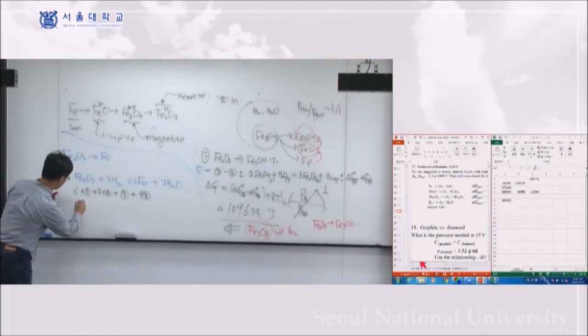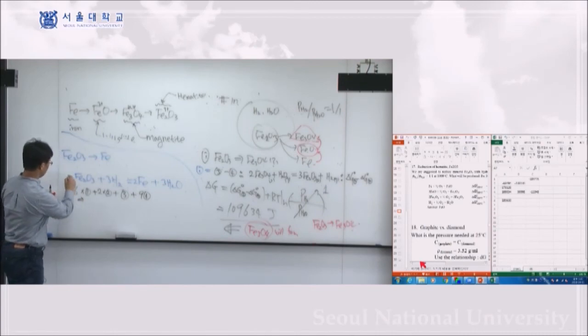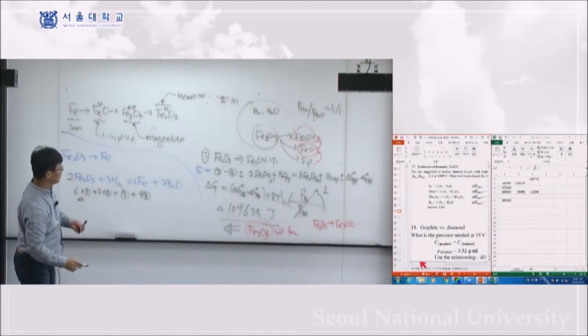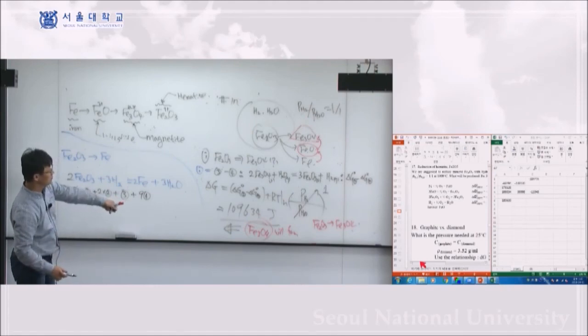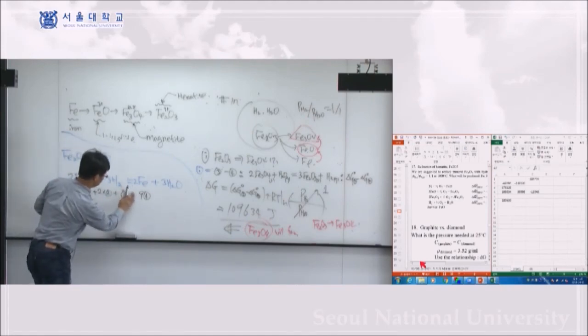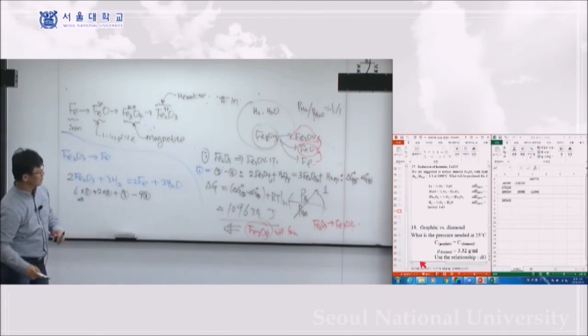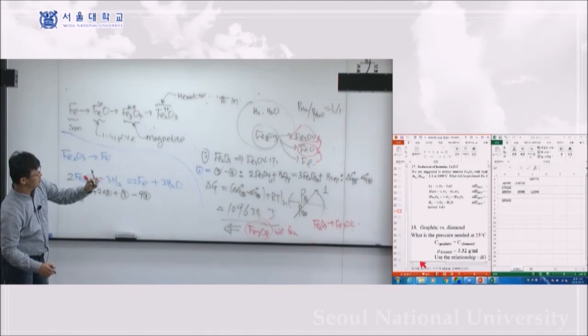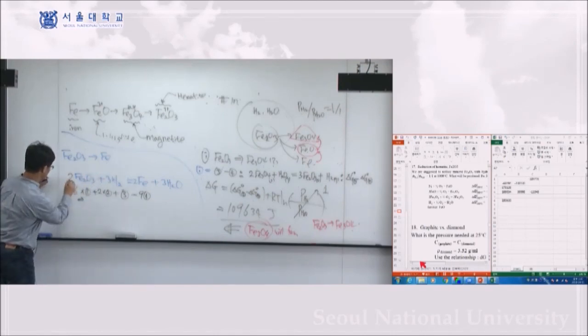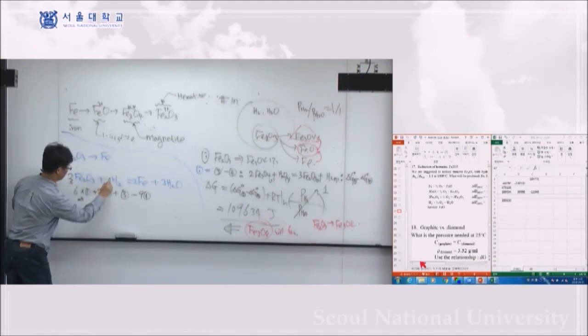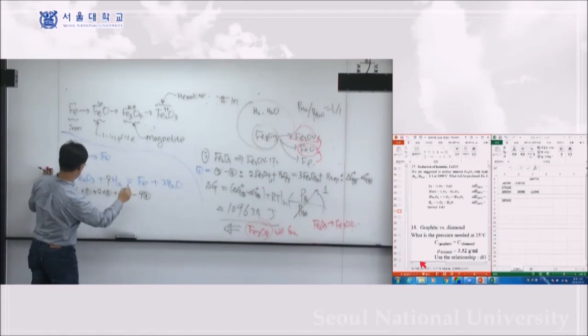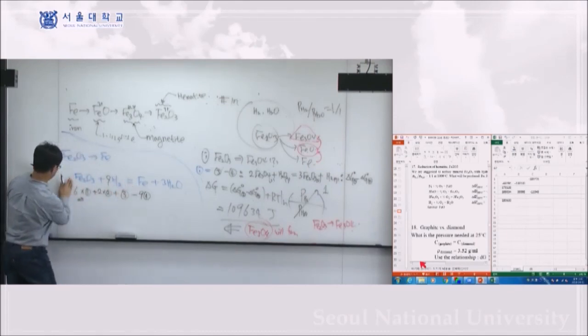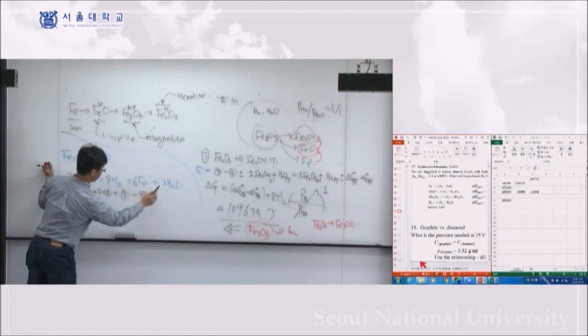And this will make actually, so this will be 2, 9 times? Minus 9 times. So this will be then, so third one, 3Fe2O3, yes, 3Fe2O3, and then 9 H2, and then 3, 6, 9. Is it okay?